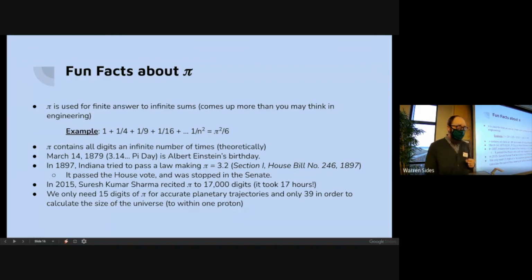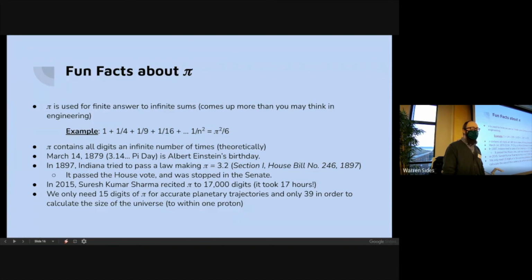That's crazy. And just to put it into perspective, we actually only need 15 digits of pi to get to another planet accurately. Like any planet that we can see in our solar system, we only need 15 digits of pi to get there accurately. So all of these estimations beyond that were purely academic. Even better, 39 digits of pi is all you need to calculate the size of the universe, to within the size of the nucleus of a hydrogen atom.